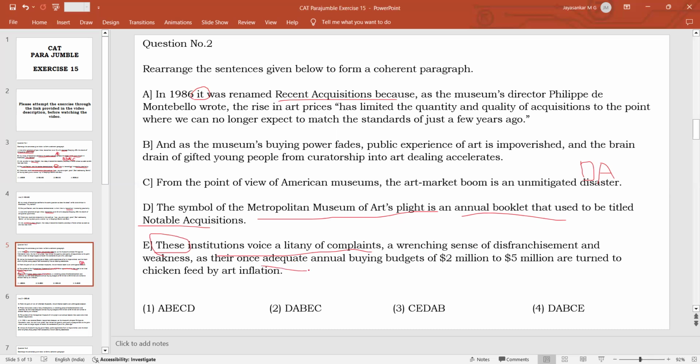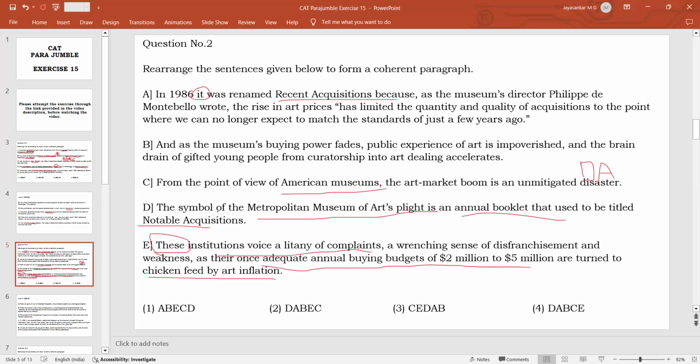Previously, this annual budget of $2 million to $5 million was adequate, but now it has been turned into chicken feed by art inflation. It means this budget has become very silly, very small, due to the inflation in the art field. Chicken feed means something that does not have any value. So here we are talking about the problems faced by these institutions. These institutions means art institutions or art museums, or what we can say the American museums.